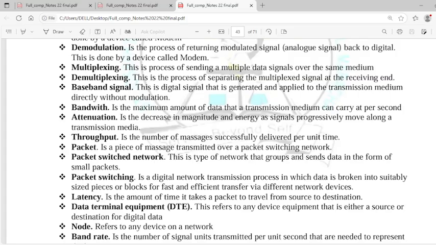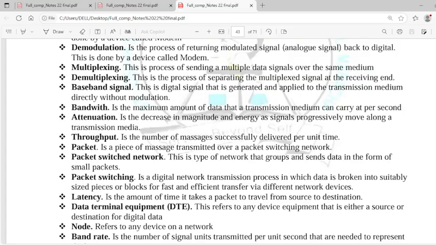So in this case, a transmission medium that has a large bandwidth will always allow faster communication than a transmission medium that has a small bandwidth.